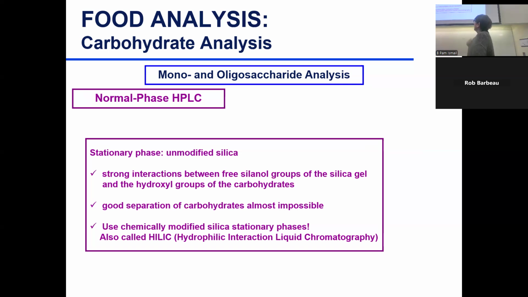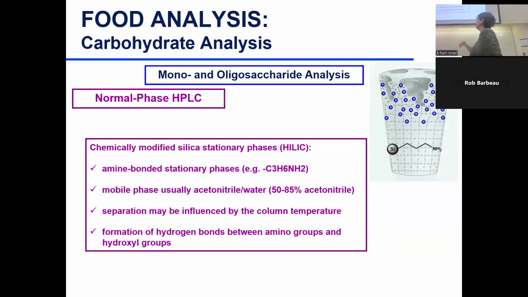The modified silica that normally goes with mono, di, and oligosaccharides is silica modified with an amine group. It will show on the next slide. But what I want to remind you is that modified silica makes the normal phase HILIC. You have to go back and review HILIC so that you see the connection here, which is hydrophilic interaction liquid chromatography. It's a form of normal phase where the silica is modified, in this case with an amine group.